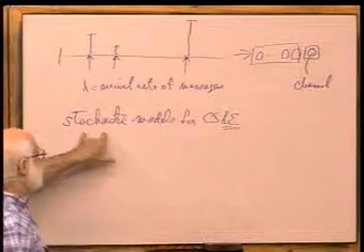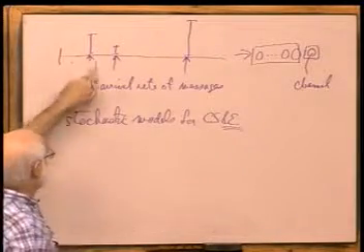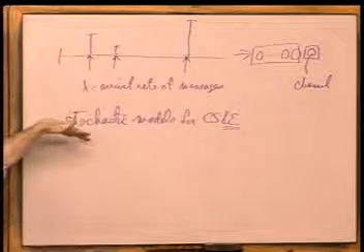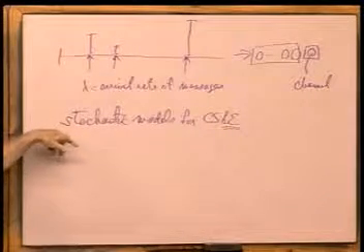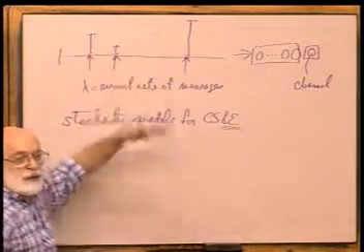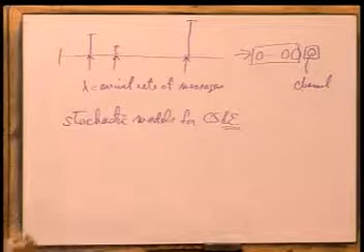Stochastic means random, and processes like this are called stochastic processes. This particular one is a special case, called the Poisson process. Other stochastic processes are ones in which, for example, the times between events are not exponential. There's some other model, some dependence or something of that sort. So the Poisson is the most basic one.